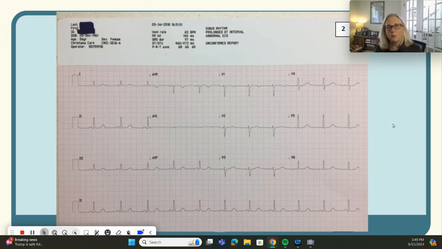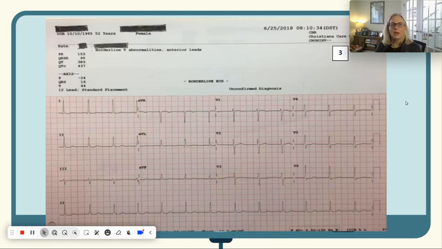We're going to move on to number 3. Okay, I'm not going to say anything for number 3. I'm going to let you guys try and figure it out. Remember, for leads 1, 2, 3, AVR, AVL, and AVF, look for the tallest deflection, the tallest QRS. When you think you have it, you circle it on your paper. This one's a little tricky, believe it or not.